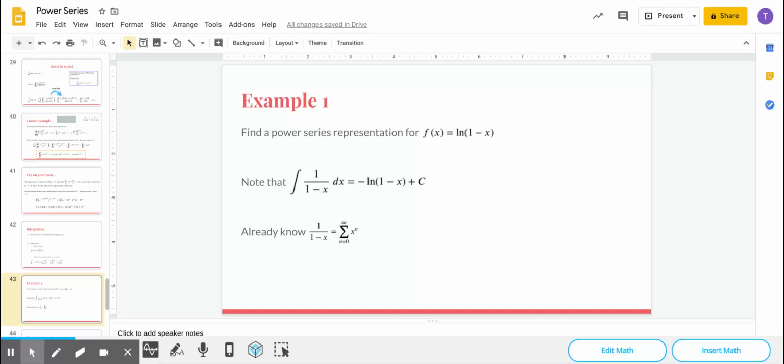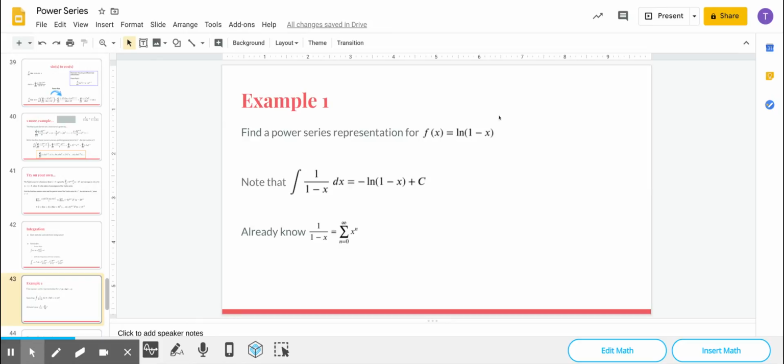The reason I'm pointing that out is because, well, in order to get to the power series for the natural log of 1 minus x without actually going through all the steps of taking derivatives, plugging in a center value, matching all them up, hopefully finding some pattern that works, is I already know the power series for 1 over 1 minus x. And if I know the power series for 1 over 1 minus x, and the integral of 1 over 1 minus x is related to the function I want to find, just instead of a positive, it's negative, then all I need to do is integrate 1 over 1 minus x's power series.